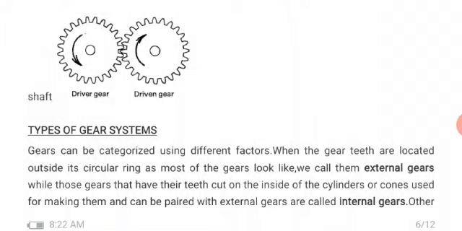And we can see when the driver gear is being turned in the anti-clockwise direction, it is turning the driven gear in clockwise direction. That means when the driver gear is rotating in one direction, it will be turning the driven gear in the opposite direction. So that is how gear system works.